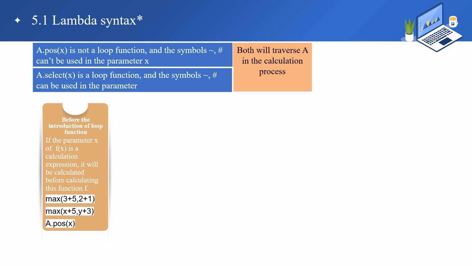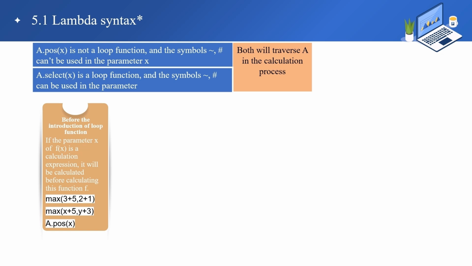The calculation expression of max(x+5,y+3) cannot be calculated when x and y are not assigned, and after x and y are assigned, x+5 and y+3 will be calculated first and then transferred to the max function for calculation. That's okay. That's what we learned about functions in math class. So is the parameter of a.posex.